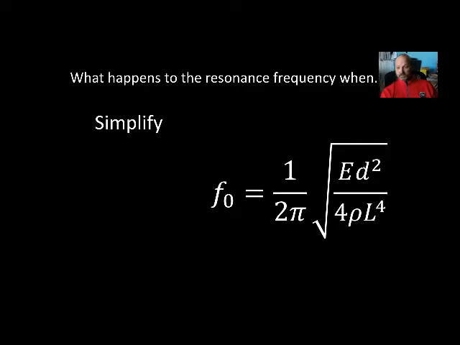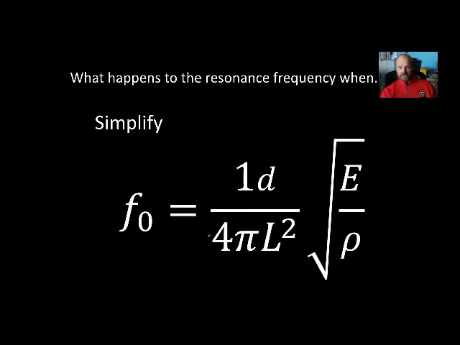We've got a square here, a to the fourth here, and a square root, so we can take those out. And now we've got something that looks like this. We've got thickness here in the numerator, so if I double the thickness, I double the frequency. If I double the length, I go down to a quarter of the frequency.